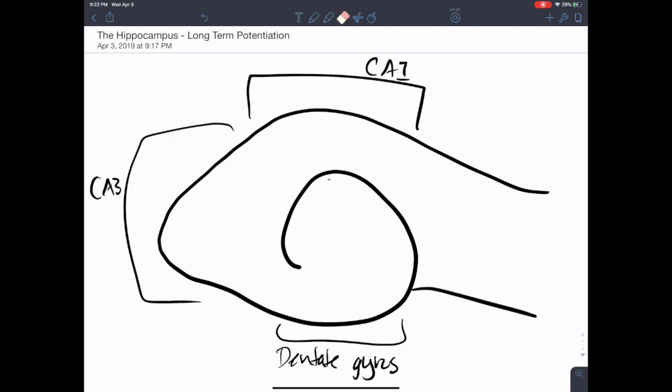So the cell populations that we care about exist in 3 locations. So what I'm going to draw here, this is going to be the dentate gyrus. These cells within the dentate gyrus are going to be known as the granule cells. So these are granule cells. And if you look up granule cells, there are also granule cells in the cerebellum, so don't get confused there.